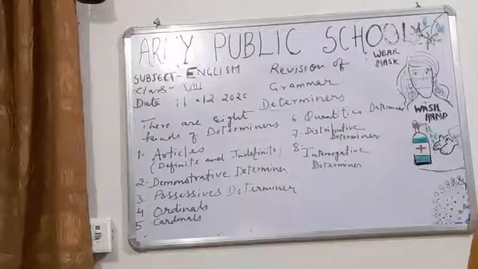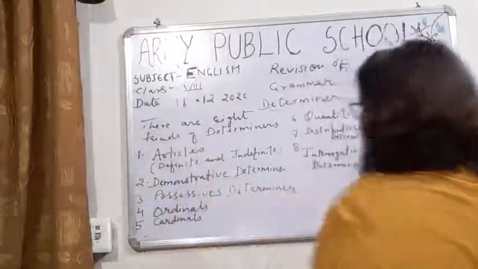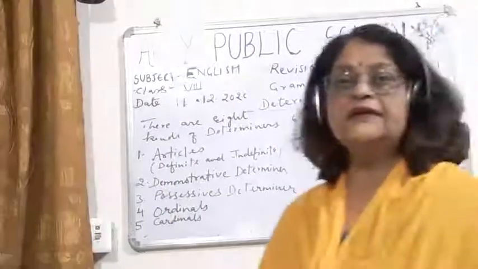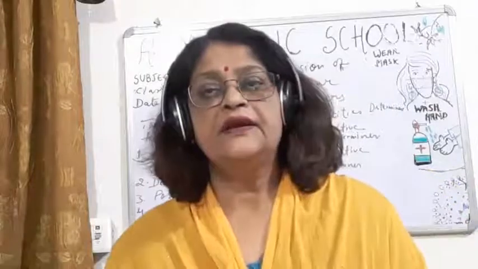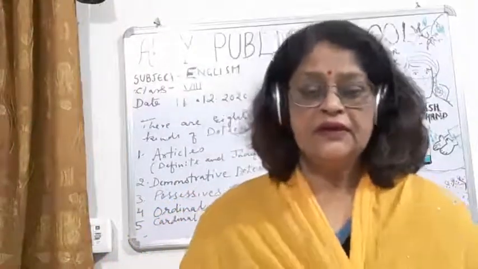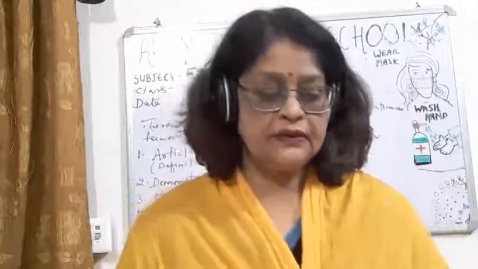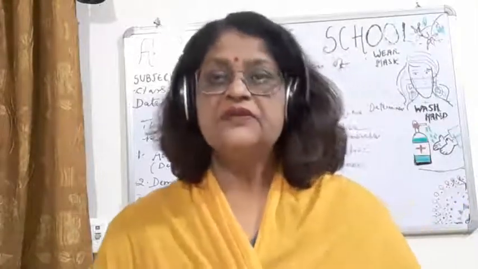All right. So these are the 8 types of determiners. So what are they? Articles. In articles, both definite and indefinite article will be there. And then children, demonstrative determiner is there. And then possessive determiner is there.